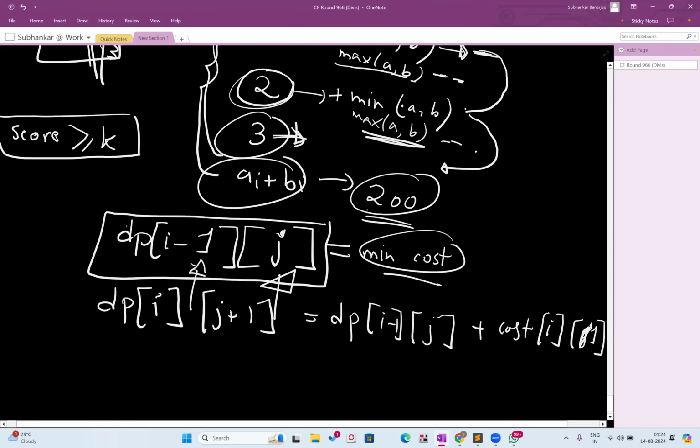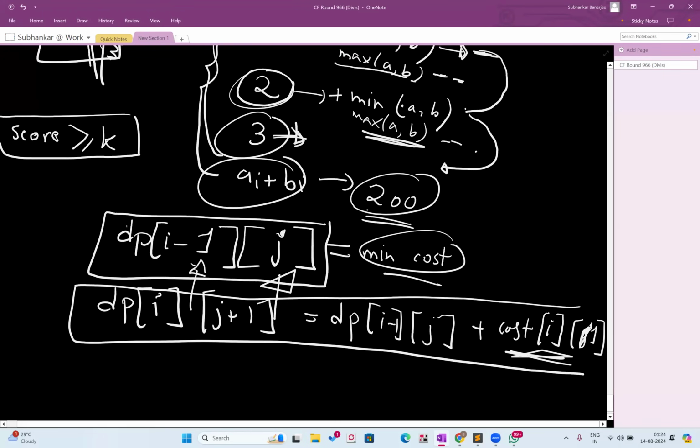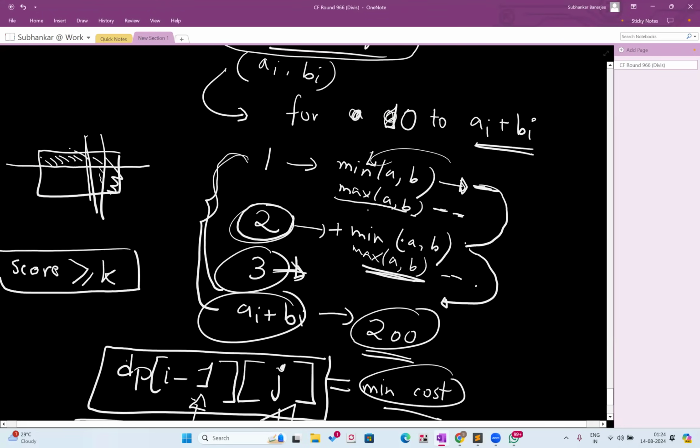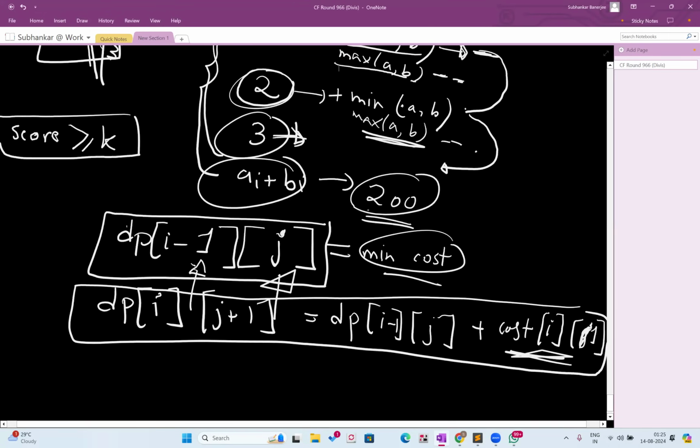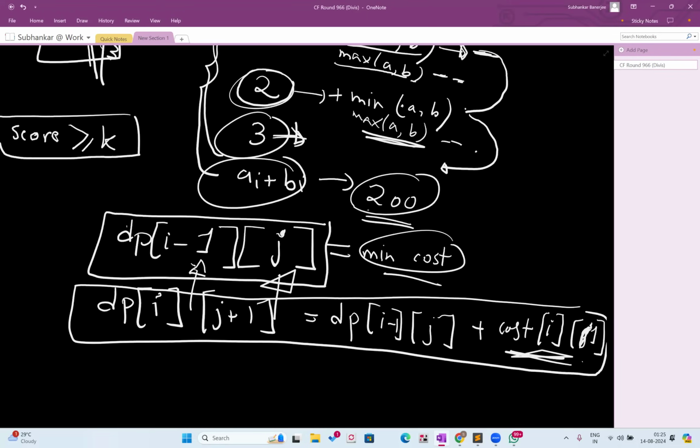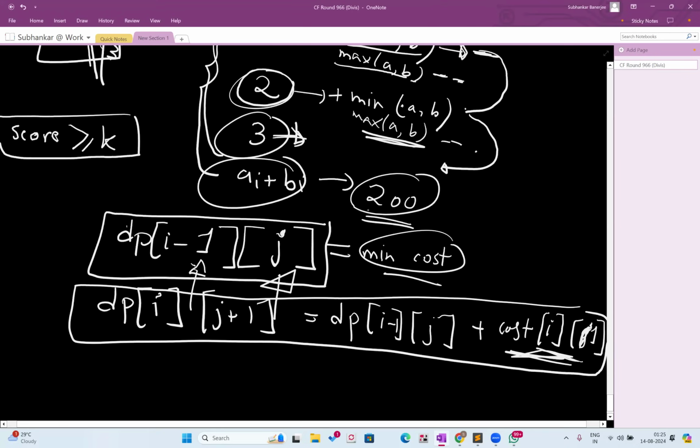From the ith rectangle, I am taking 1 point. Are you getting this transition? These cost values are these values only. Cost of 1 will be calculated by the min of a comma b. For cost of 2, I'll add the updated min of a comma b and update a and b accordingly. So this thing will be calculated.